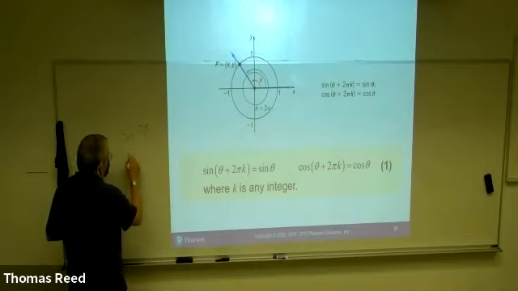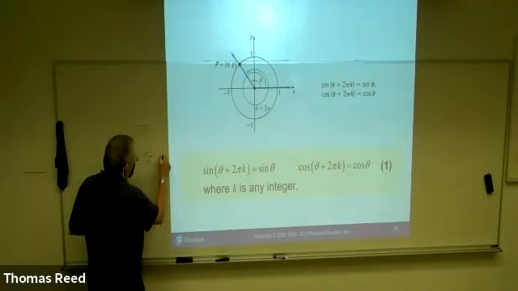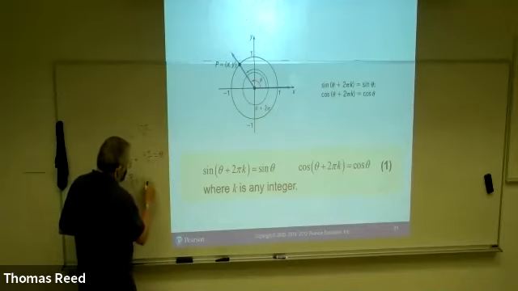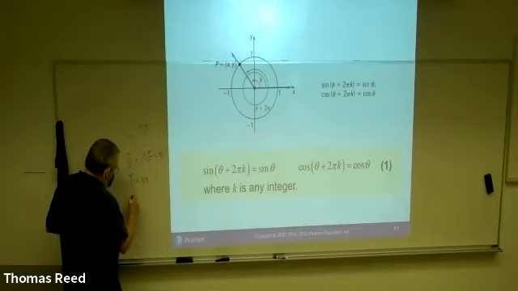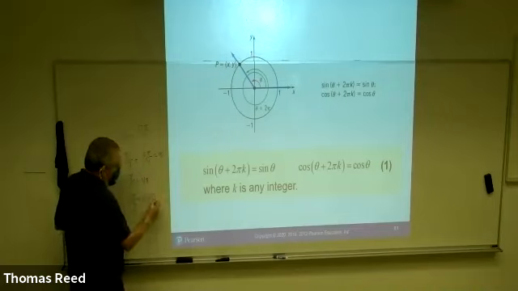Well, that was pi over 4 plus 16 pi over 4, which is pi over 4 plus 4 pi. The 16 divided by 4 is 4, and then that becomes pi over 4 plus 2 times 2 pi. So it fits this.